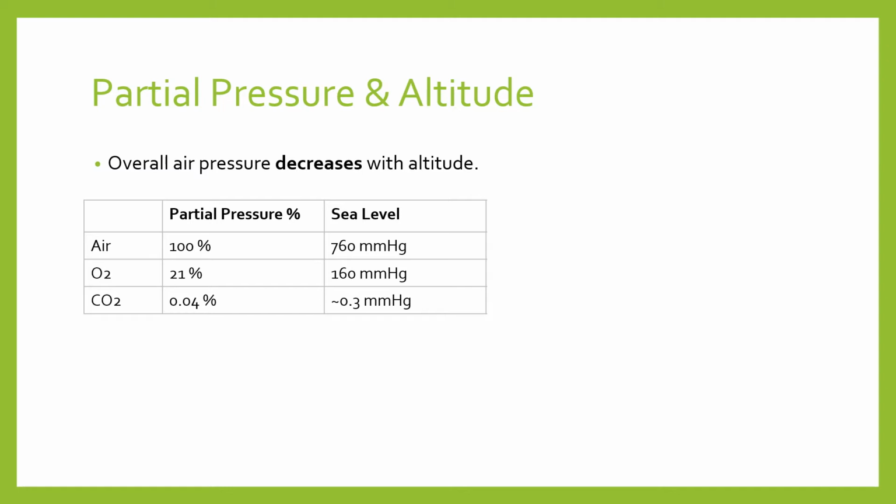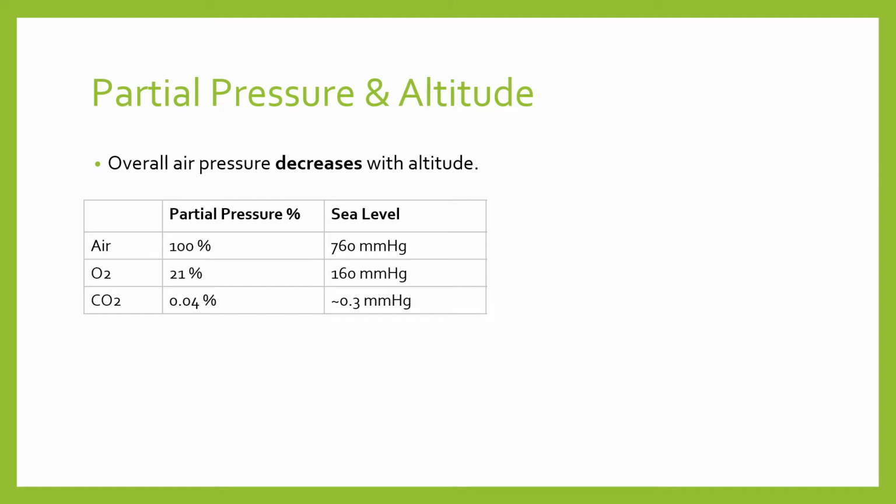At sea level, roughly 0.04% of the overall pressure is carbon dioxide. Therefore, working that through, and it varies a little bit, approximately 0.3 millimeters of mercury is the partial pressure of carbon dioxide at sea level.